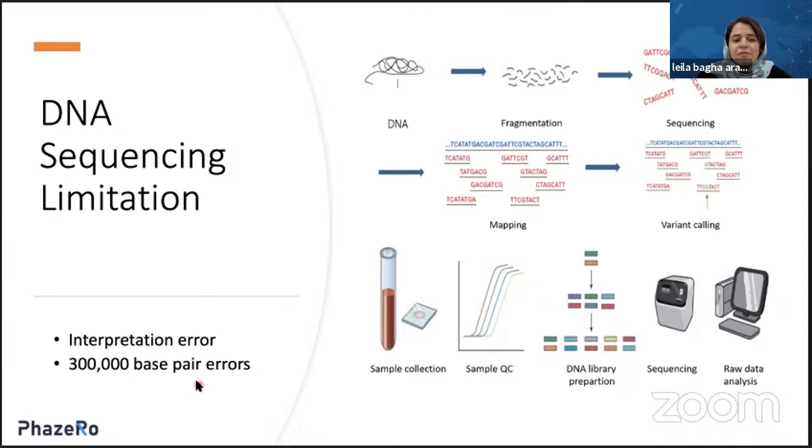It depends on the problem at hand for dealing with these errors. For example, we have two different types of sequencing. One type is bulk sequencing, which means a group of cells considered together, and the wall of the cells will be removed and the DNA extracted. It's about a bulk of cells.